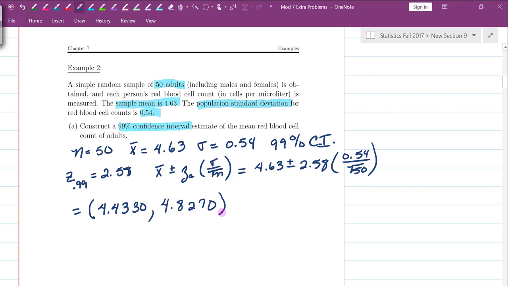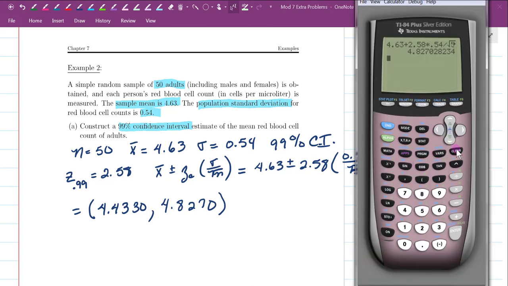I would like to show you a different technique to solving confidence intervals. You're going to hit Stat. You're going to come over to Test, and then you're going to scroll down to Z interval. That means you're doing a confidence interval using the Z tables.